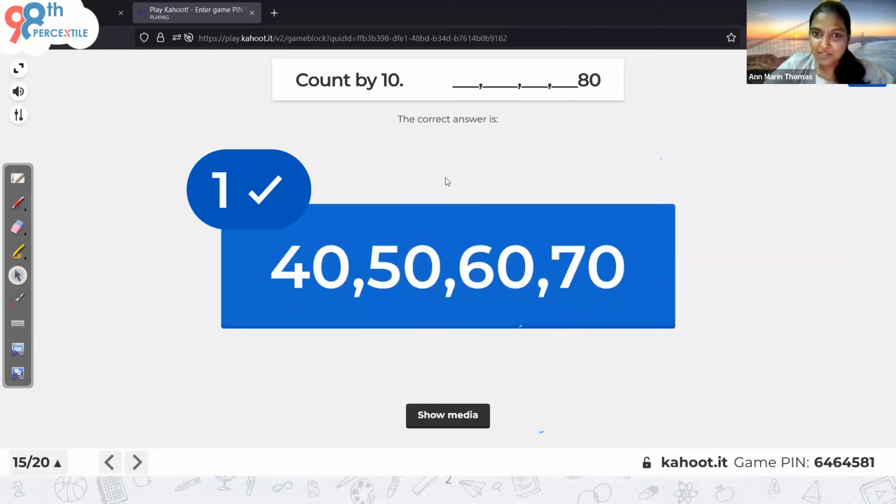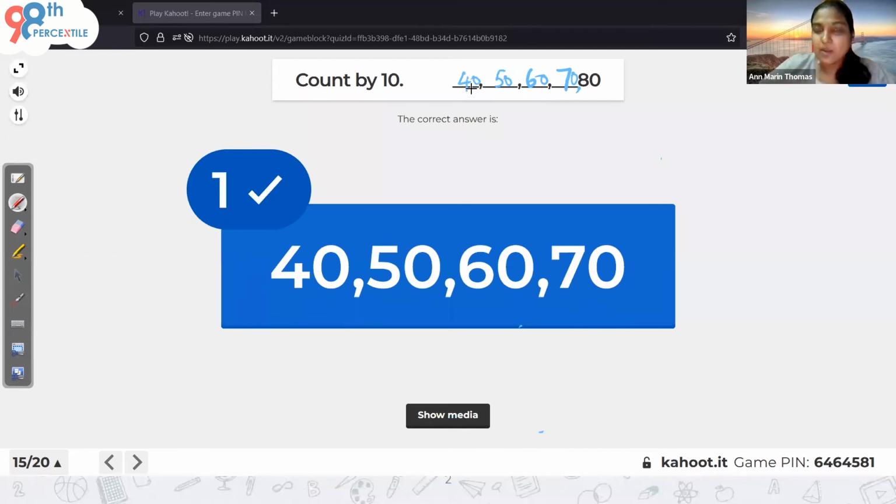Was it confusing here? All you had to do is notice this number and count by 10. You had to subtract them, like 70, then you had 60, 50, and 40.